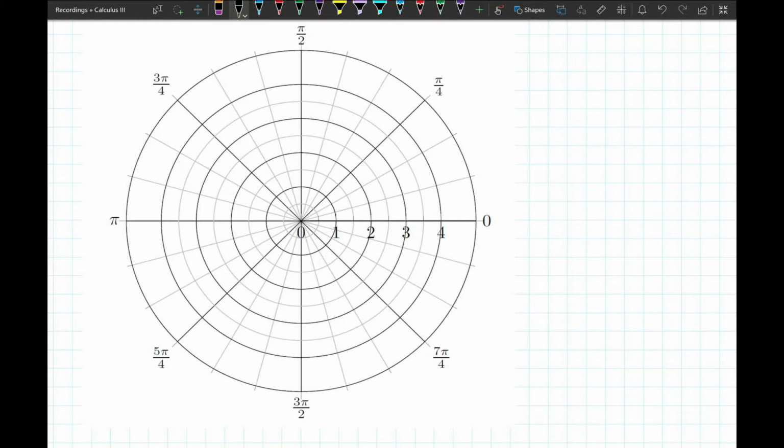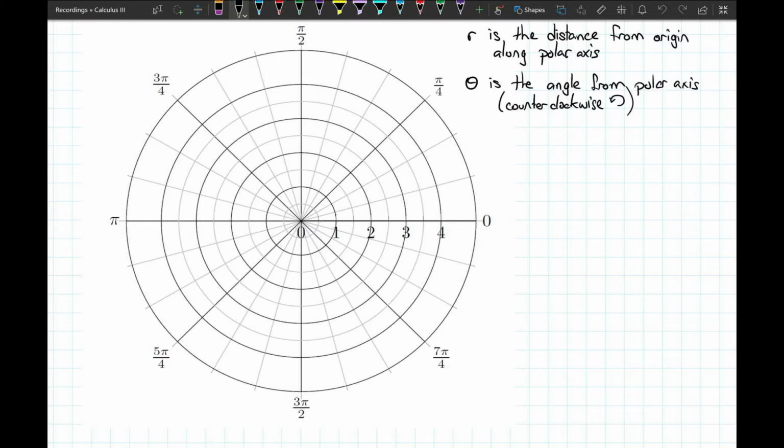The two parameters that we need in order to express any point are a distance, which we will call r, since it's kind of implied as like a radius, and that is the distance from the origin along the polar axis. And our second parameter is going to be theta, which is the angle measured from that polar axis counterclockwise. And so our coordinates are going to be r comma theta instead of x comma y.